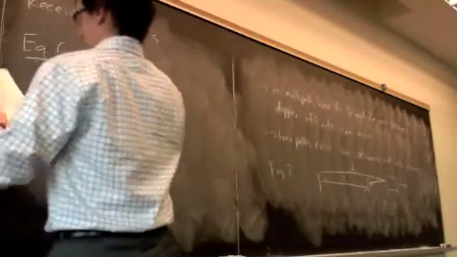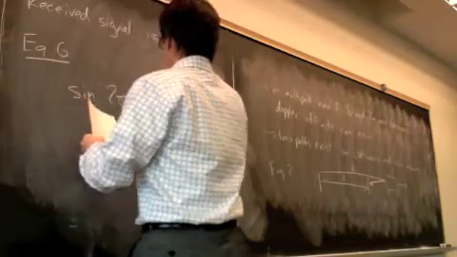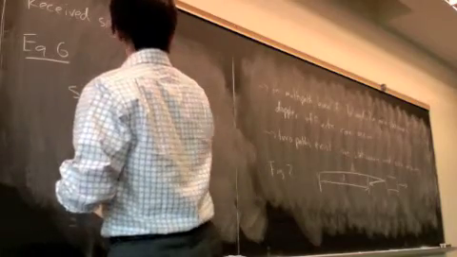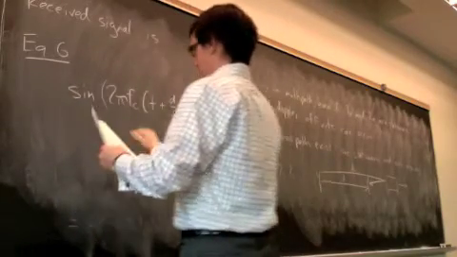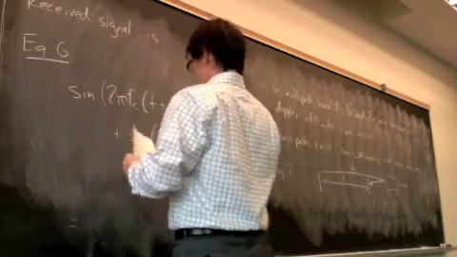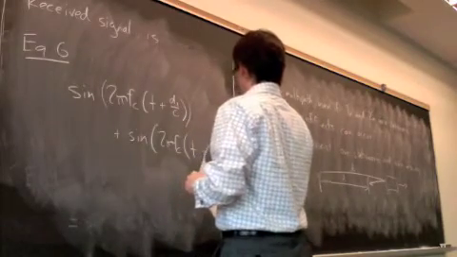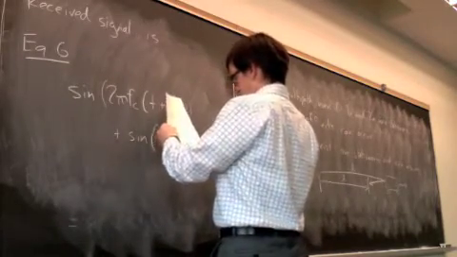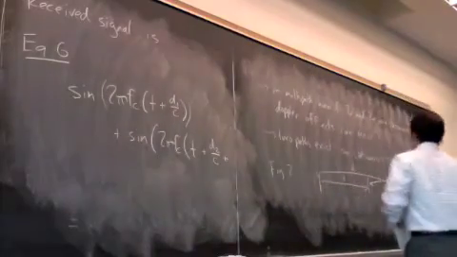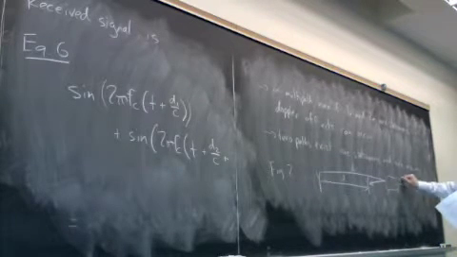Direct path is sine 2 pi fc (t plus d1 over c), plus sine 2 pi fc (t plus the initial distance, d2 over c, plus the changing distance). So this guy is retreating from the receiving antenna at a velocity of v2.